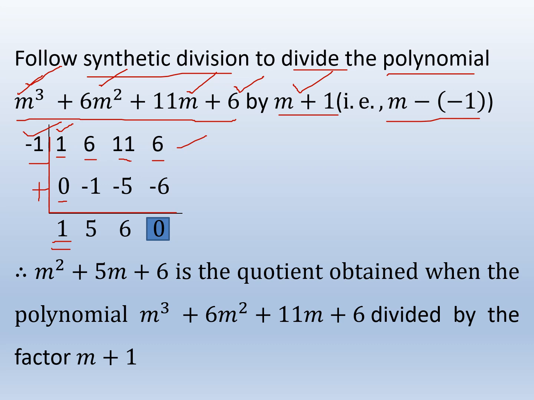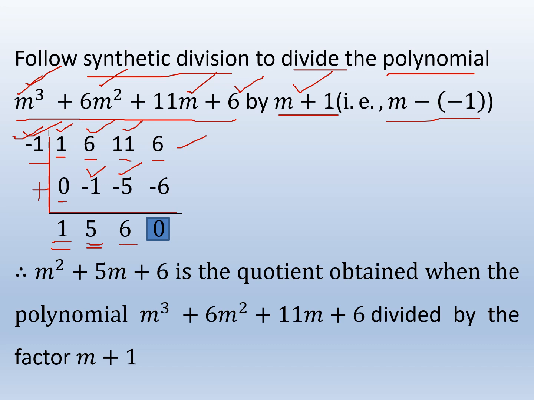We get minus 1. Place this minus 1 below 6 and add 6 and minus 1. We get 5. Next step, again multiply minus 1 with 5. We get minus 5. Place this minus 5 below 11 and add 11 and minus 5.